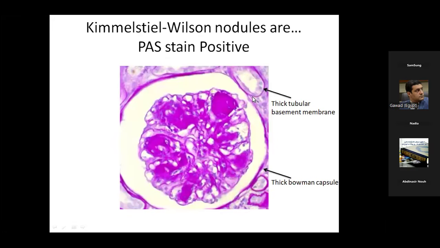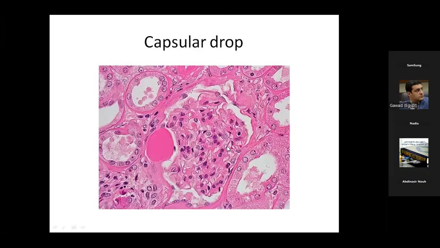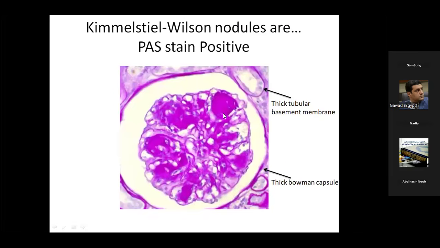The tubular basement membrane is also thickened, and the nodules appear here, which are also PAS positive, and the nodules are non-isometric. So this is a small nodule, and this is another one, but larger in size, and both are hypocellular with no or minimal cellularity. I would like just to mention that mesangial hypercellularity is not always specific.